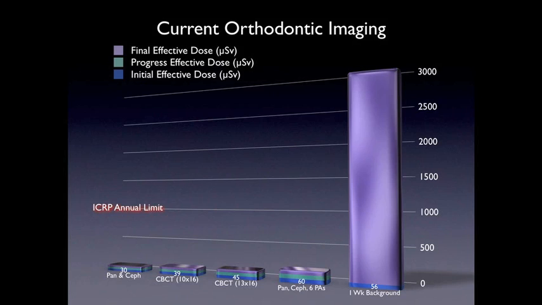You can see at the 1,000 microsievert mark, there is the ICRP annual limit. And all of these imaging protocols, even if they were done 3 times in the same year, are still very well below what the ICRP would consider their annual limit.